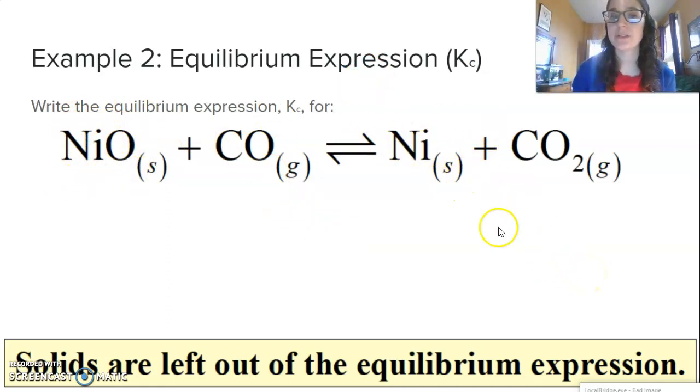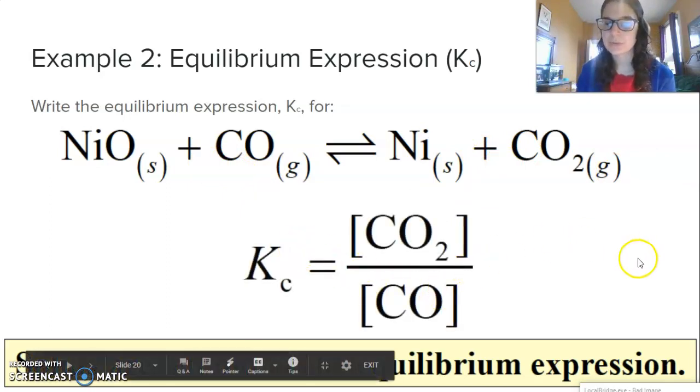The only thing that's going to show in my equilibrium expression is CO2 gas and CO gas. In this case, both have a coefficient of 1, so they will be to the first power, which again, we don't show 1 in the final answer. So our Kc would be equal to the concentration of CO2, our product, divided by the concentration of carbon monoxide, our reactant. So it would look like this.